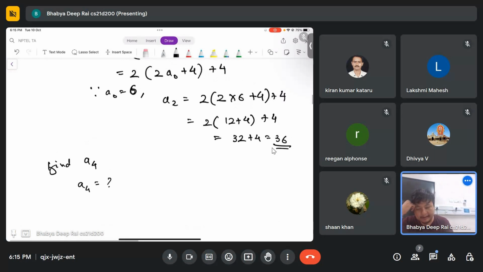Others, please try finding a_4 using substitution.